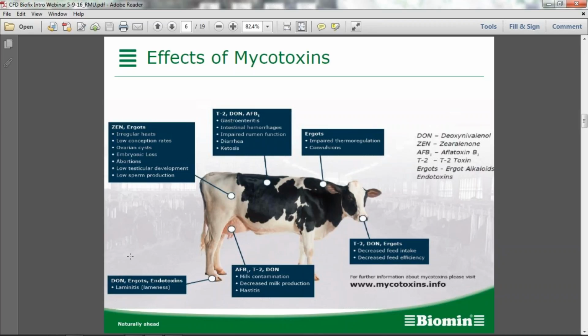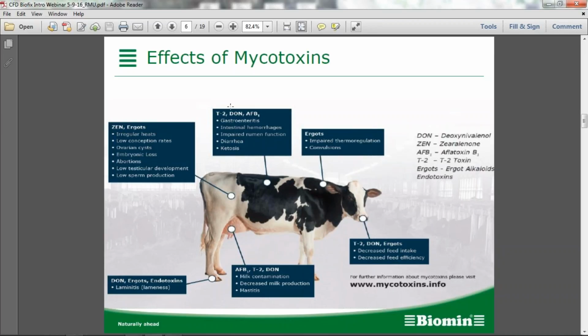There's a variety of different signs that we would see, anywhere from laminitis or lameness to decreased feed intake and feed efficiency. The ergot alkaloids are associated with impaired thermoregulation, so that can cause cattle that are exposed to heat stress situations to have that heat stress and the signs that we would see exacerbated because the cows aren't able to regulate their body temperature because of the toxins as well.